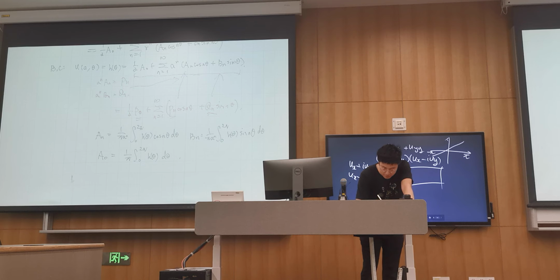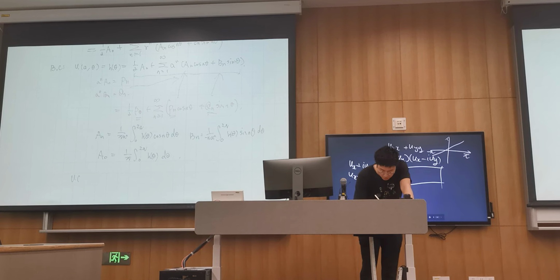So let's say u(r, theta) equals 1/2 a0 plus the sum from n equals 1 to infinity of r to the n times (a_n cosine n theta plus b_n sine n theta).